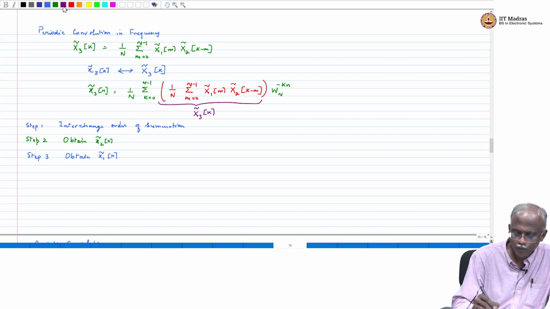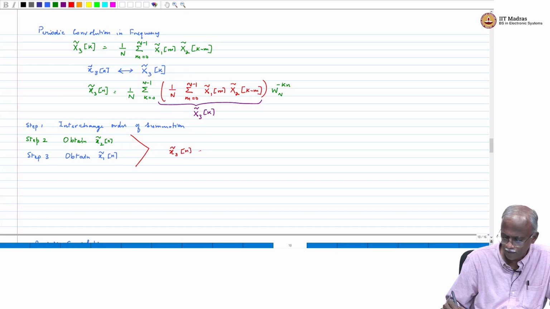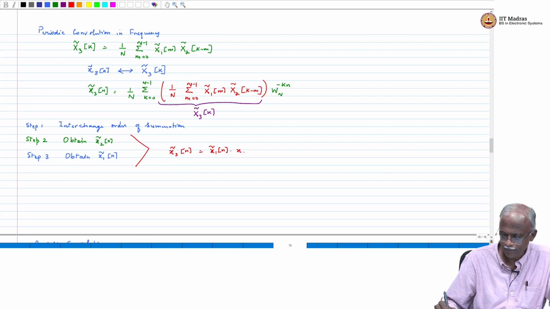Once you have obtained these two, you will be able to verify that x3 tilde of n is equal to x1 tilde of n multiplied by x2 tilde of n.